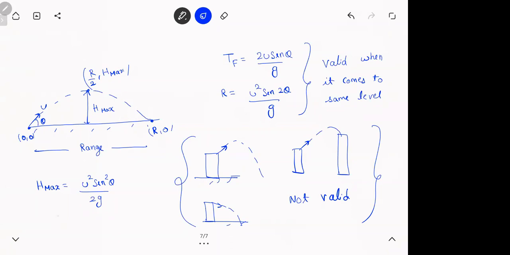Hmax has no problem. Hmax is fine, because what is the definition of Hmax? See here, this is Hmax. Here, this is Hmax. Hmax has no problem because this is the height from the point of projection.